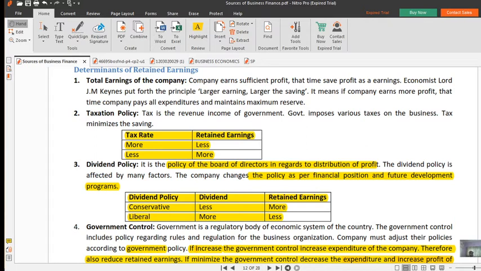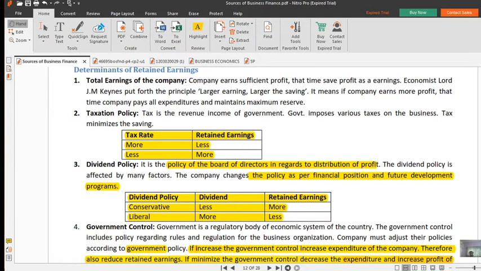Then what is meant by conservative dividend policy? In conservative dividend policy, more amount is kept aside as a provision for future and less amount is distributed as dividend. And in liberal policy, more amount is distributed as dividend out of profit and less amount is kept aside as a provision for future. So in conservative policy, dividend is less and retained earnings are more, and in liberal policy, dividends are more and retained earnings are less.